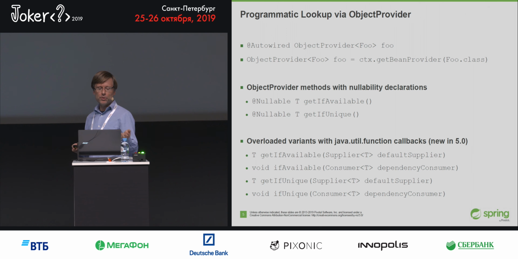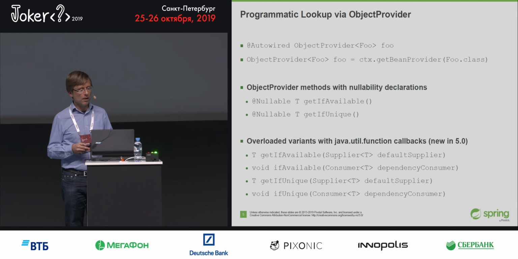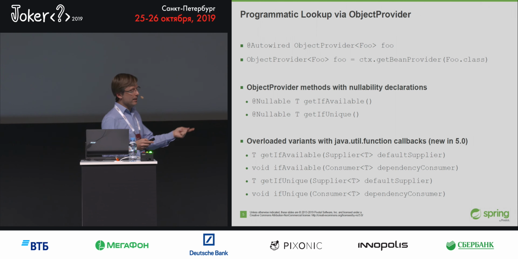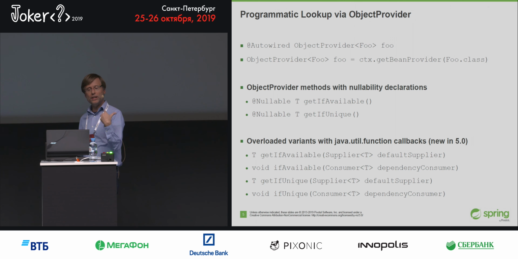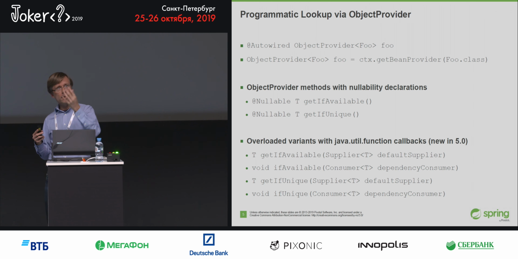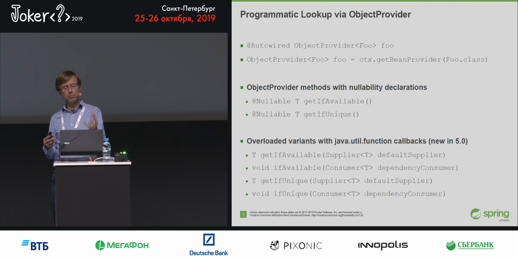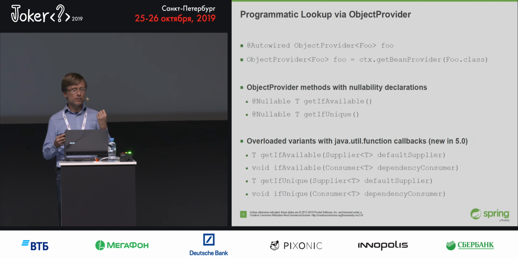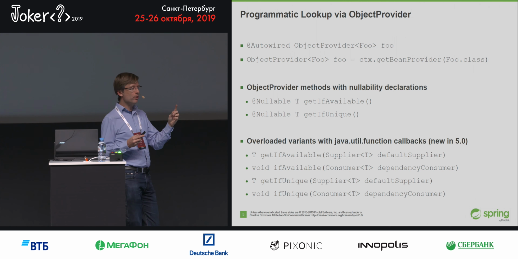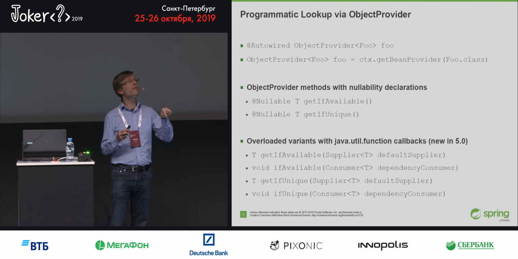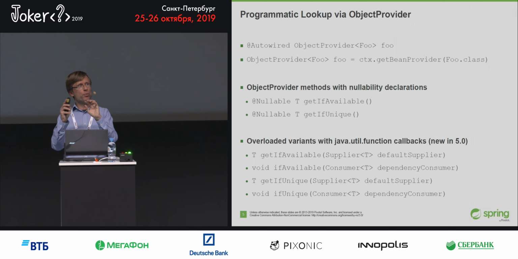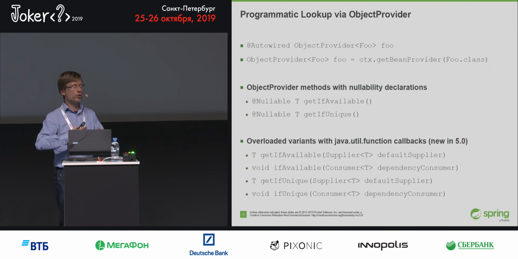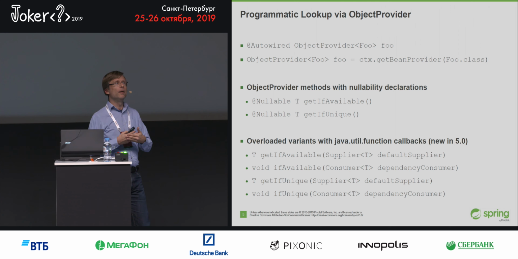So we introduced a couple of overloaded methods. getIfAvailable, taking a java.util.function.Supplier, allows us to redefine the rules. If a managed bean instance is available in the container, return it. Otherwise, return the instance produced by the given supplier. And the given supplier is usually a method reference or a lambda expression that you pass in there, bound to a java.util.function.Supplier.